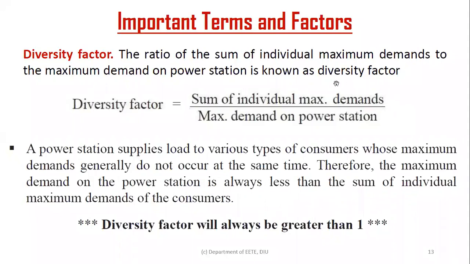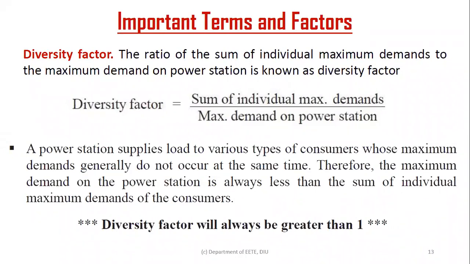So definitely the sum of the individual maximum demands will be much bigger, because it does not happen at the same time. Individually everything is maximum, but at the maximum time, for suppose 6 p.m. or the evening, for the power station, suppose my family is not using the power, suppose Monima's school is not using the power, suppose Liton's coaching center is not using the power at that time, so it is not the biggest for all.